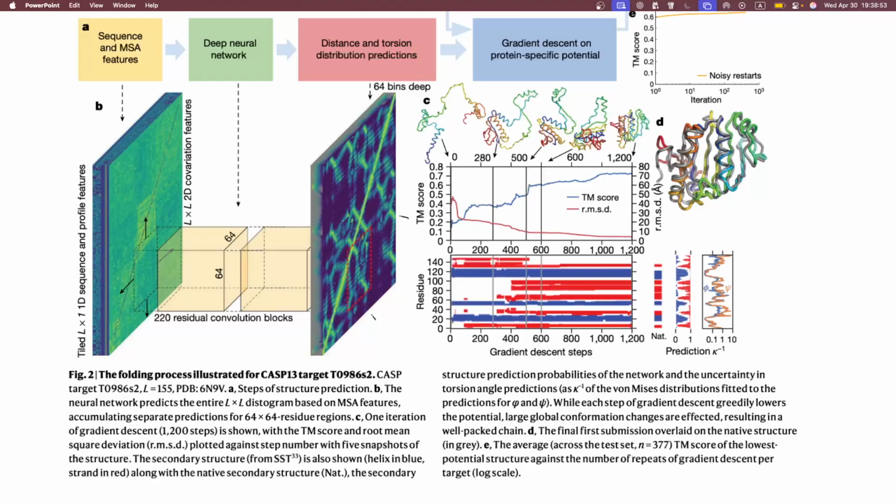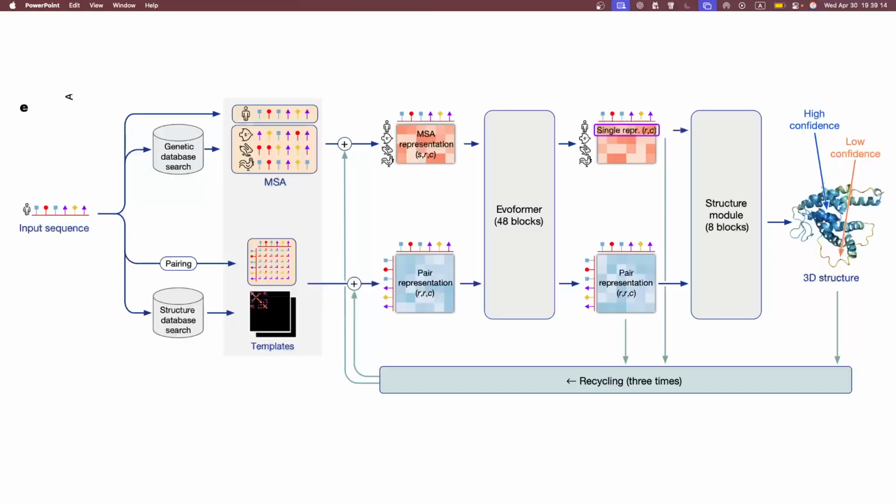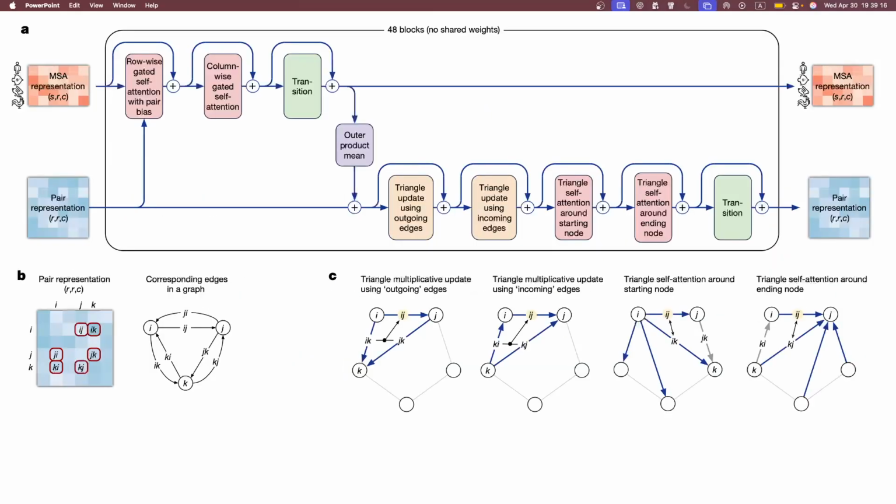I'll get to what multiple sequence alignment is, or how to think of it, in a minute. Let me just explain it right now. Multiple sequence alignments were better represented in the AlphaFold 2 paper, which is kind of silly.